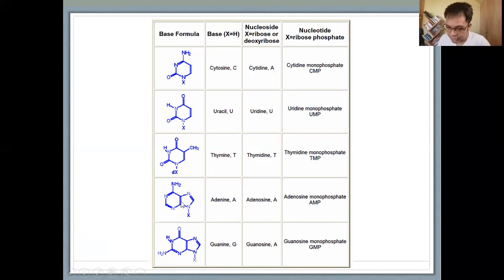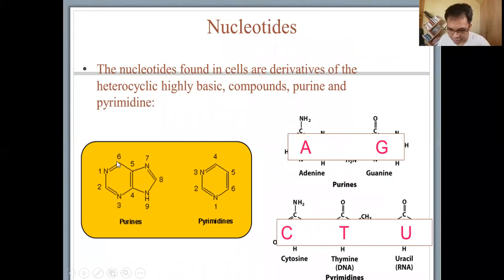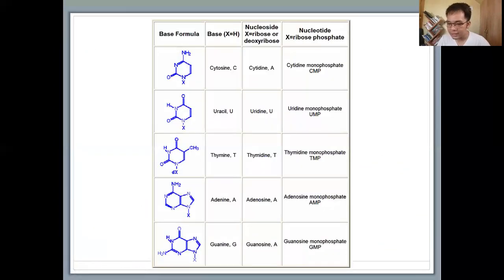Yung amino group is nandito sa carbon 6 natin. Kapag 1, 2, 3, 4, 5, 6, 7, 8, 9, dun sa nitrogen 9 natin, guys, doon nakabond yung ribose natin.